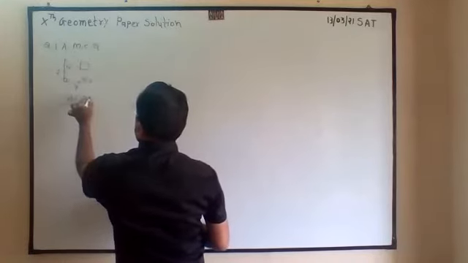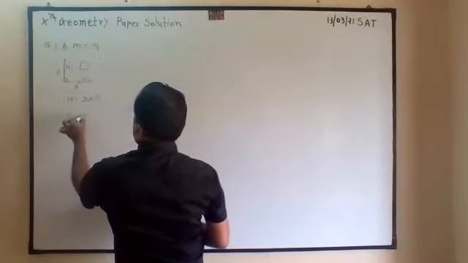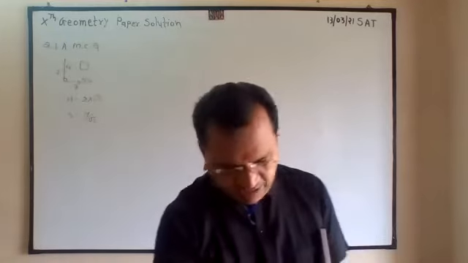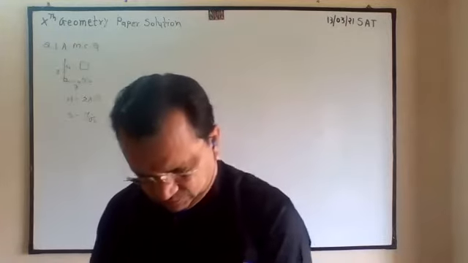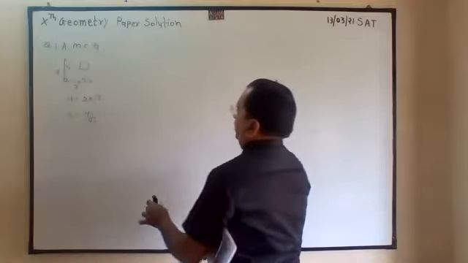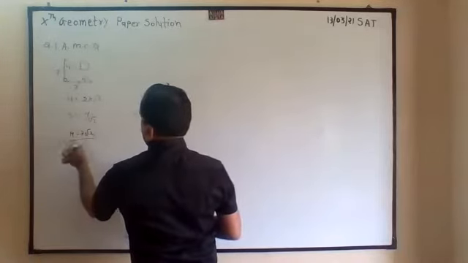Sorry, side is equal to hypotenuse divided by root 2, but hypotenuse is equal to side into root 2. So hypotenuse is equal to 7 root 2.